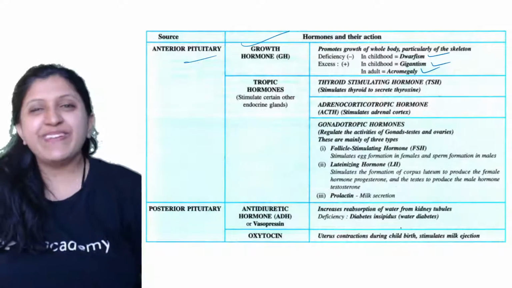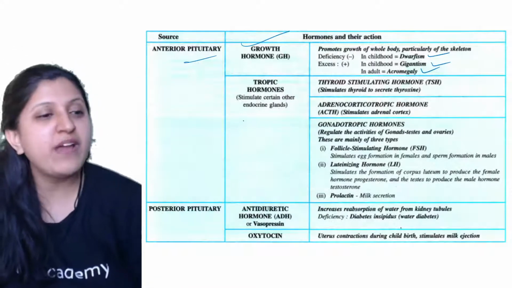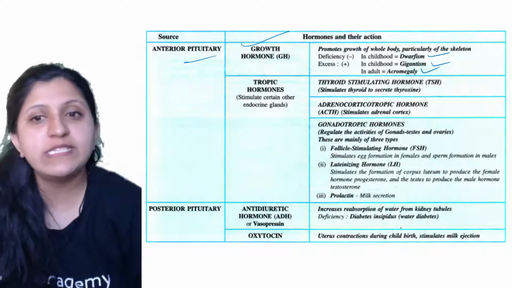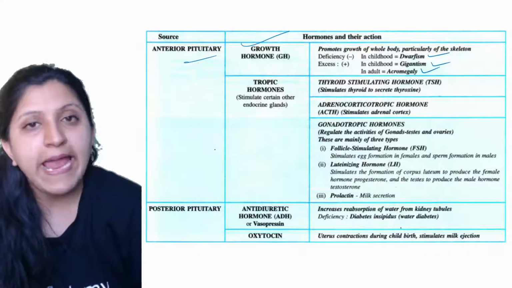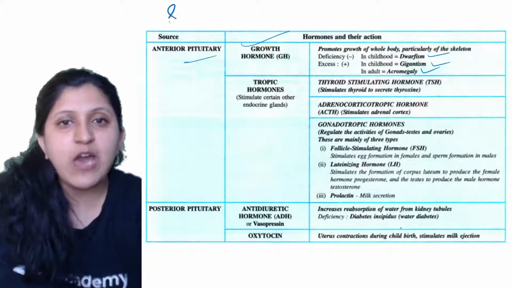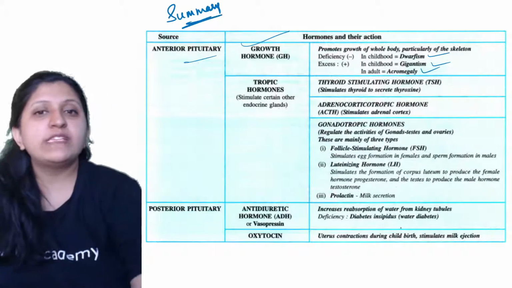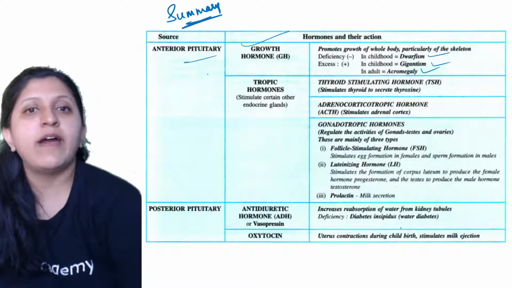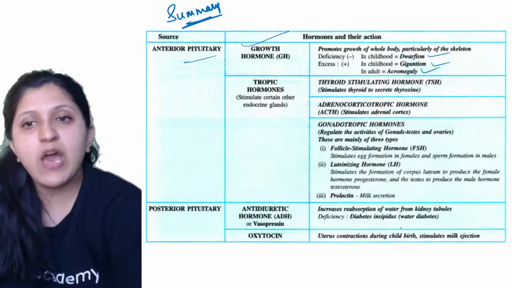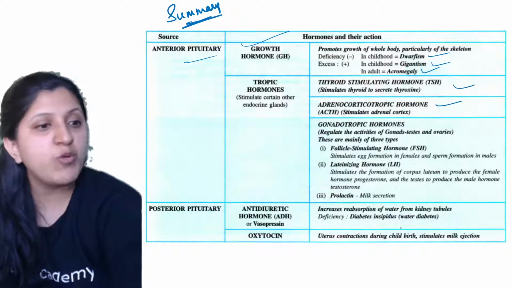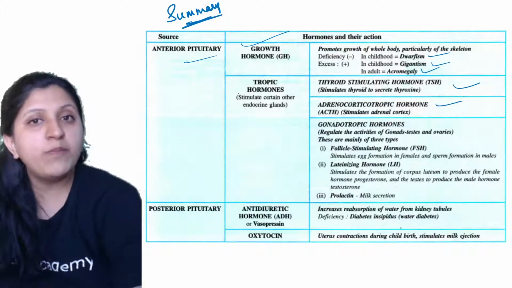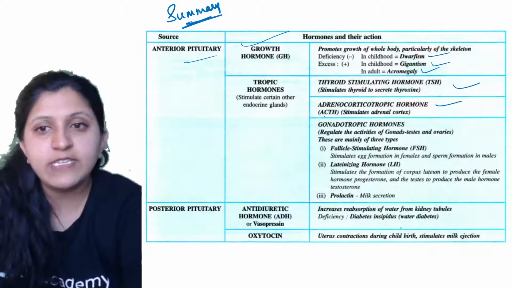Here, when we mention the tropic hormone, these stimulate certain other endocrine glands. We are just now looking at the summary of this anterior pituitary. These are the hormones that are released from the anterior pituitary.